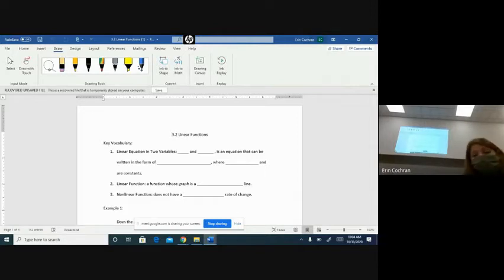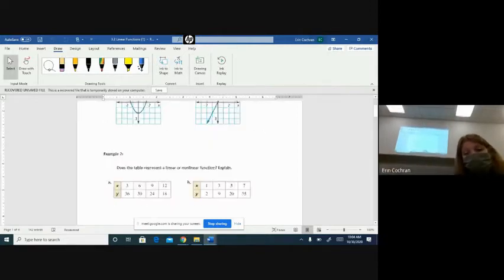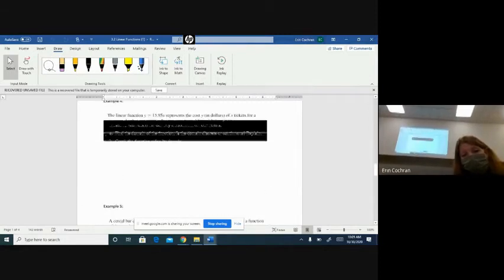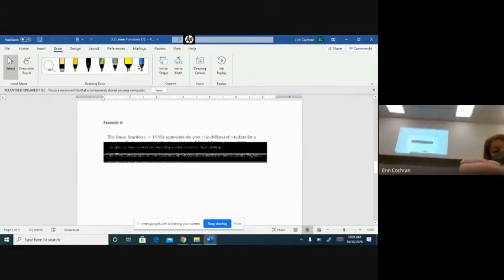Yeah. Okay. Now, the other one I want to look at, this first one. It says a linear function of y equals 1.95x represents the cost y in dollars of x tickets for a museum.